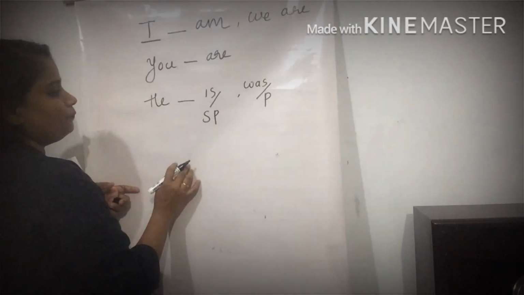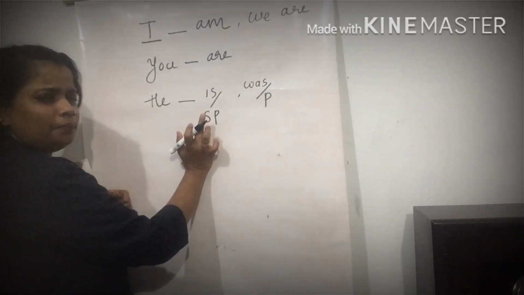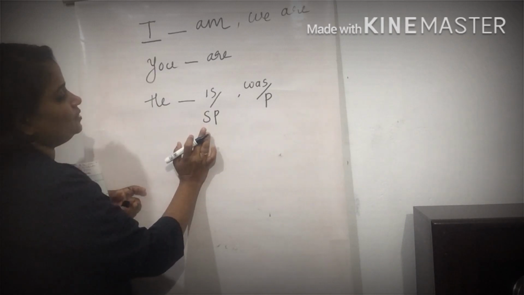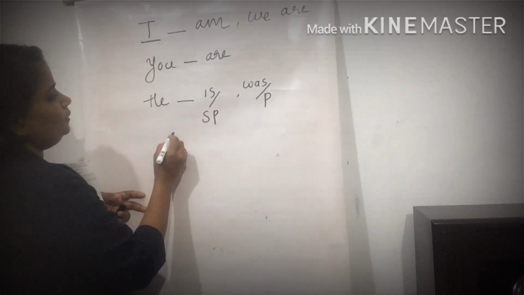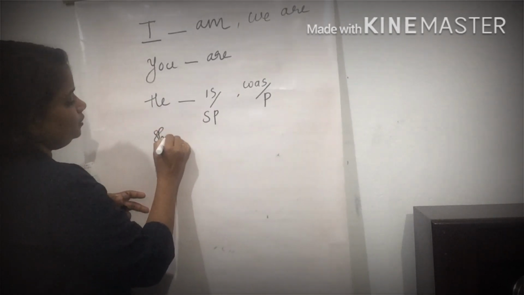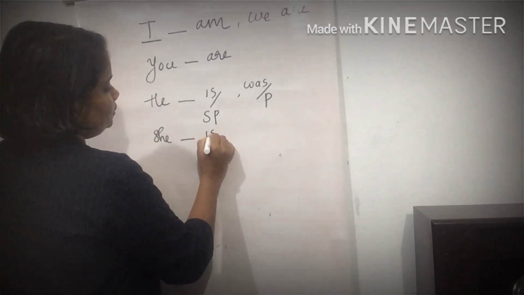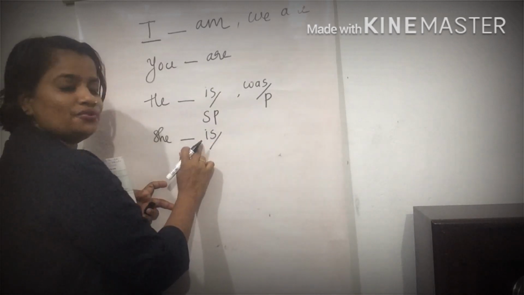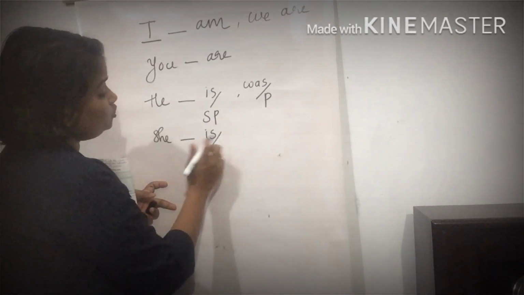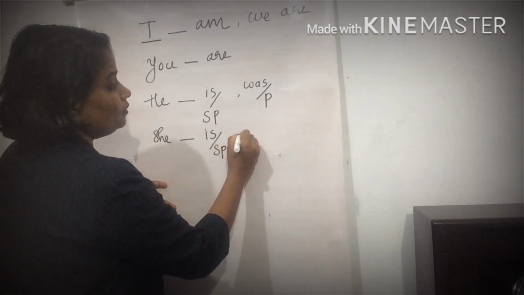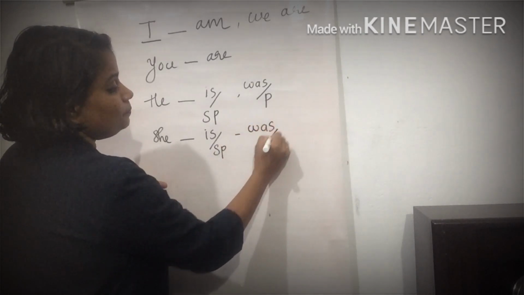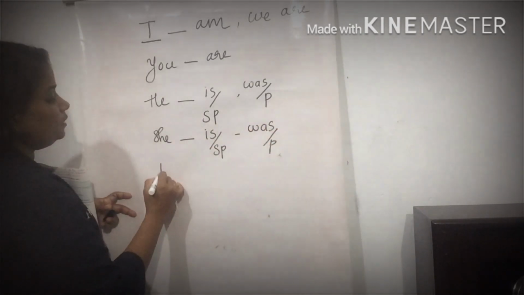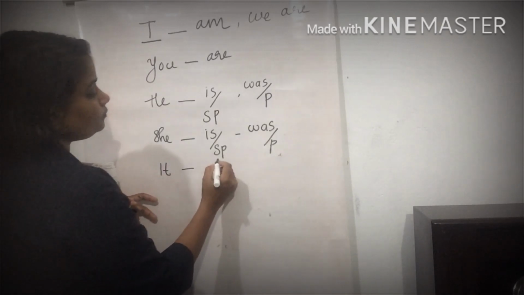Simple present tense or present tense, you can say, no problem. The next one is she. Also, instead of be we are using is, and was in the past tense. The next one is it.